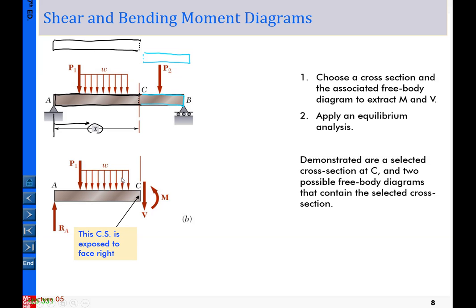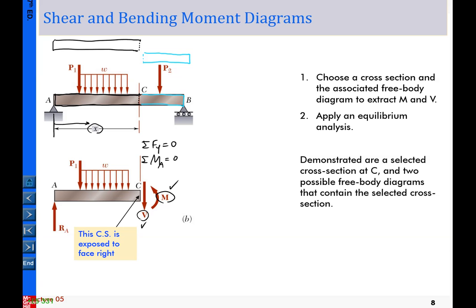Then once you have this free body diagram chosen, you should be able to determine V, and V is obtained by taking the force equilibrium in the vertical direction equal to 0. Then you should be able to determine the value of V. And for the reaction M, you can take the moment, for example, about point A equal to 0, then you should be able to determine the magnitude of the moment.